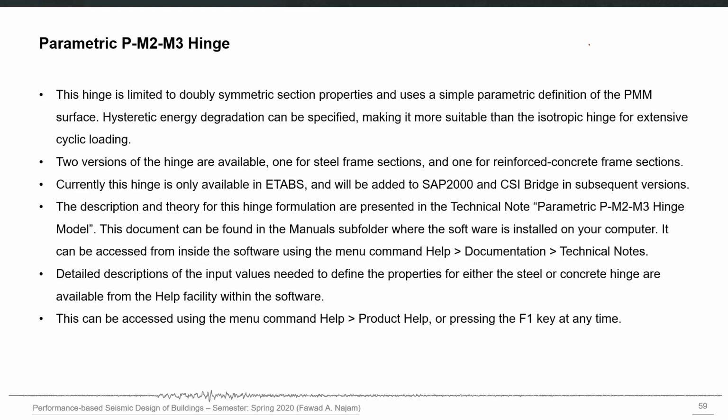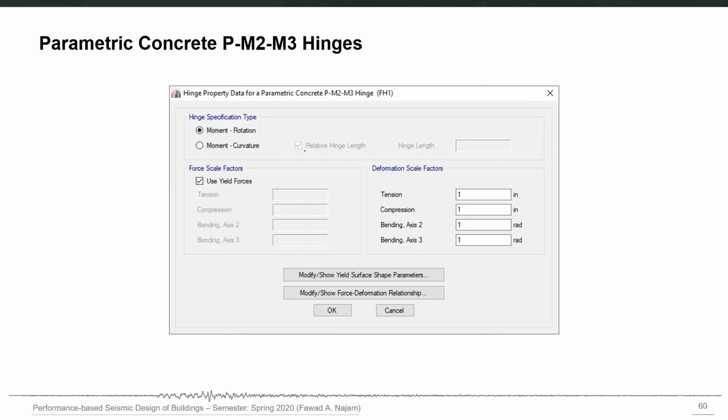In the parametric case, although it is limited to only doubly symmetric cross sections for concrete and steel separately, only a few parameters are required, and I want to show you in figure form. It is this one. You just need to define some deformation scale factors, and the program will automatically use the yield forces to construct that PMM surface.